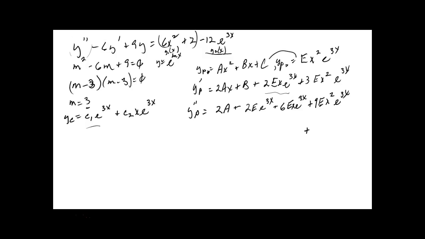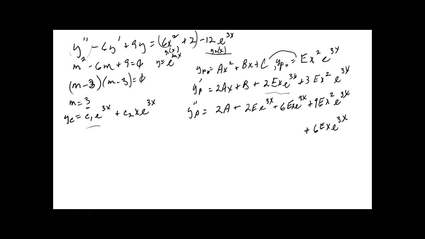E to the 3x times the derivative of x squared, which is 2x. So that 2x will be 2 times 3. That'll be the 6. 6x e to the 3x. Right? Hope I got it.